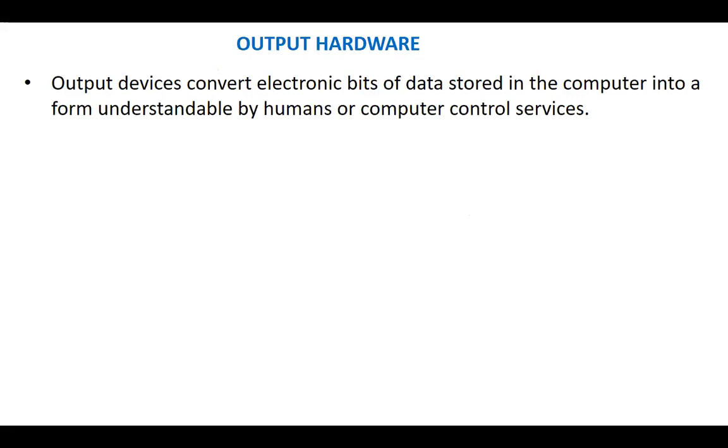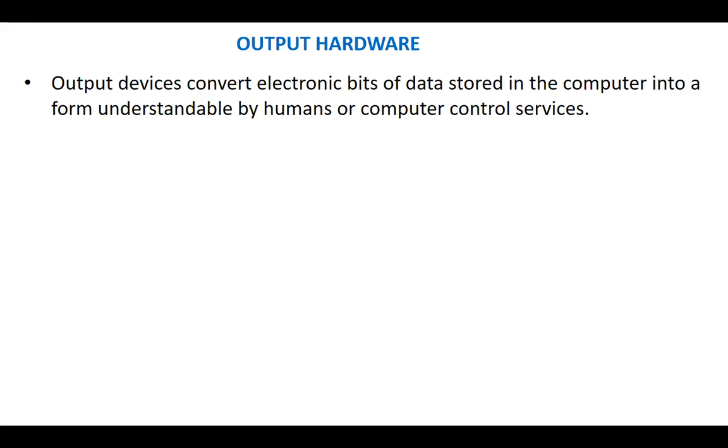Let's also look at the output devices. So remember, we said output devices will convert information from computer sensible information to human sensible information. To a computer, that information might make sense, but when you take it directly to a human being, it will not make sense.